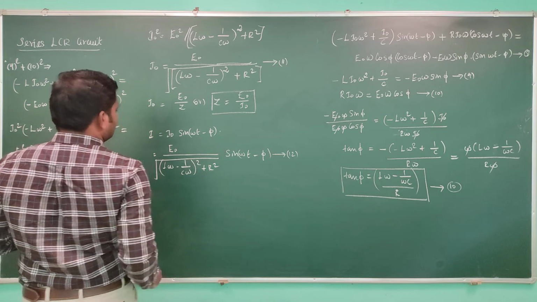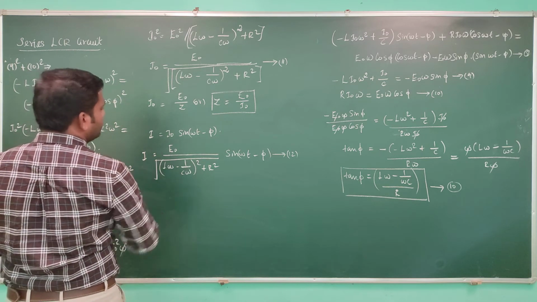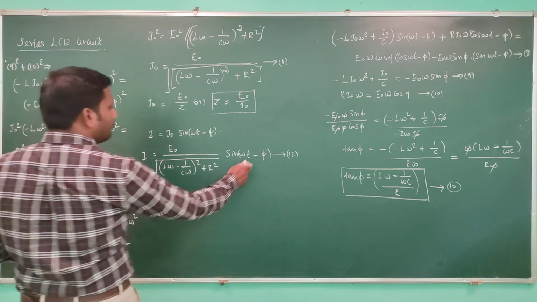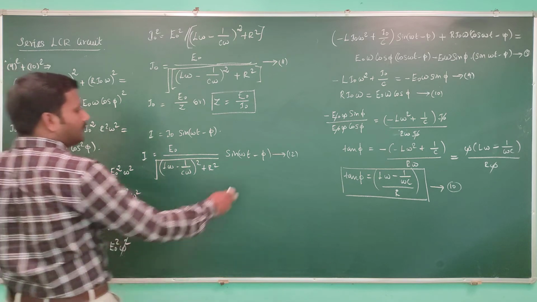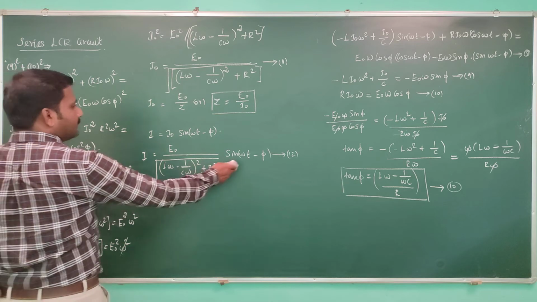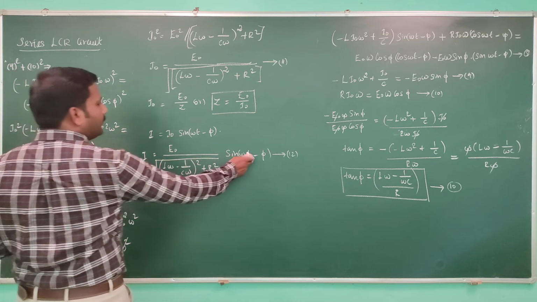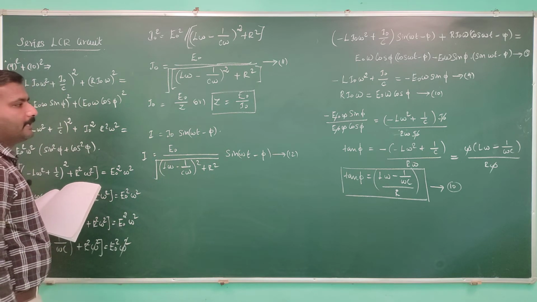Here the current lags the EMF by a phase angle phi. We say it is lagging because the phase of the current is negative, so the current lags the applied EMF.